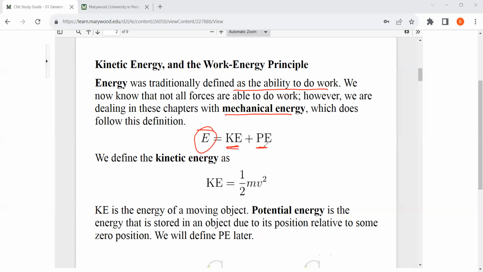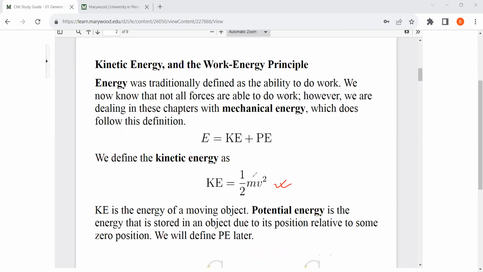Now what is the kinetic energy? Kinetic energy is the energy of motion. When an object is in motion, we can have kinetic energy for that object. For example, if an object is moving with a velocity v, then the kinetic energy of this object is K = half m v squared, where m is the mass of the object and v is the velocity.